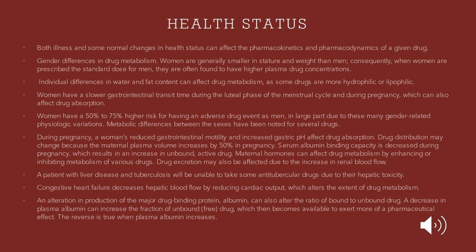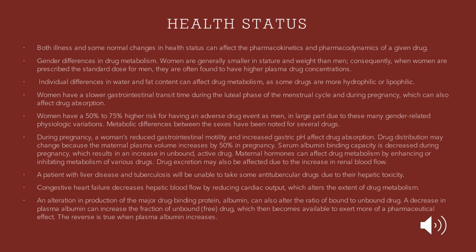Serum albumin binding capacity is decreased during pregnancy, which results in an increase in unbound active drug. Maternal hormones can affect drug metabolism by enhancing or inhibiting metabolism of various drugs. Drug excretion may also be affected due to the increase in renal blood flow.